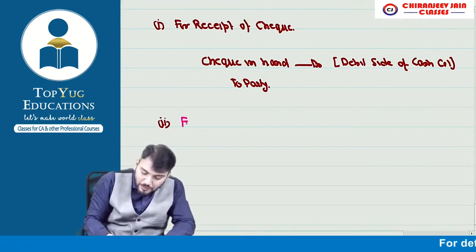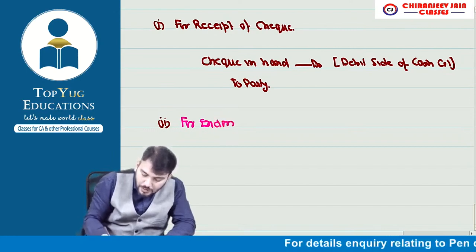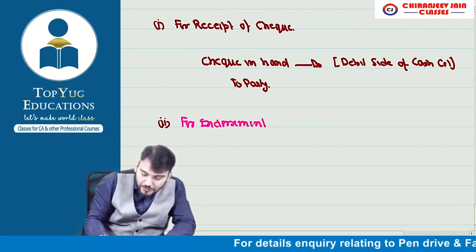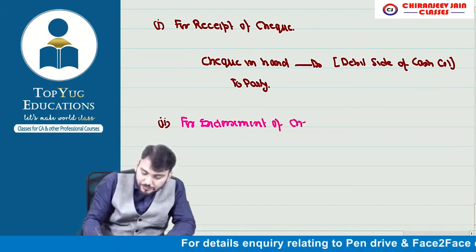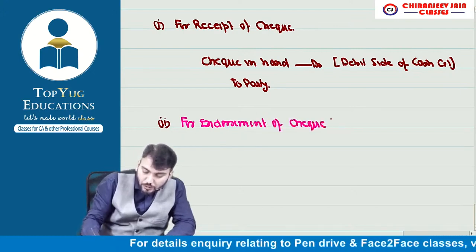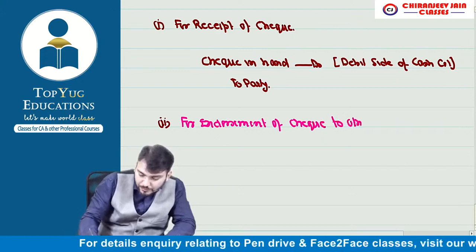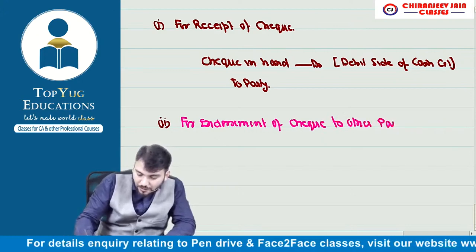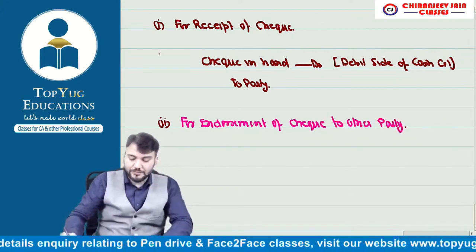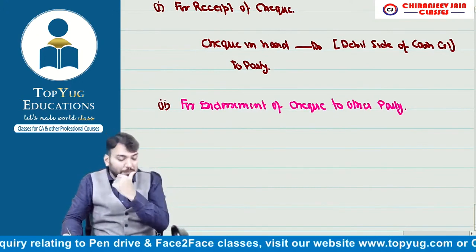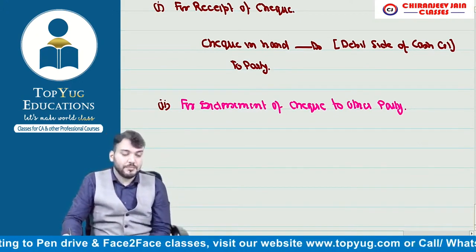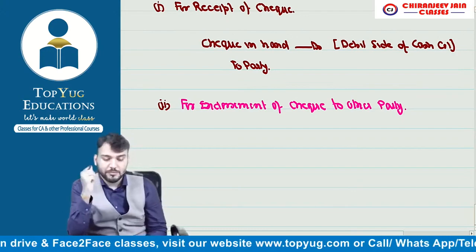For endorsement of check to other party, what will be the journal entry?